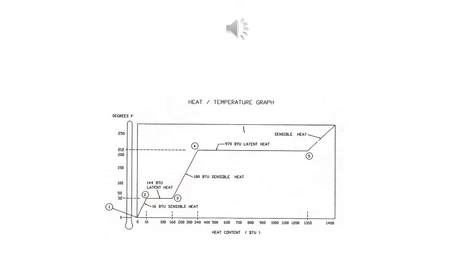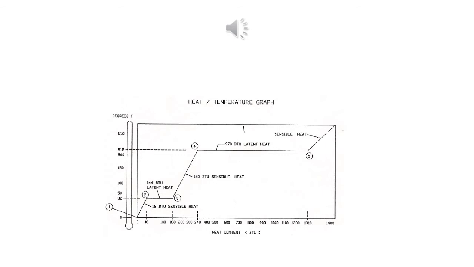The graph depicts how much heat is transferred to a pound of water at different temperatures and the different states the water is in. When the water is in the solid form, it takes 16 BTUs of sensible heat to raise the temperature from 0 degrees Fahrenheit to 32 degrees Fahrenheit.